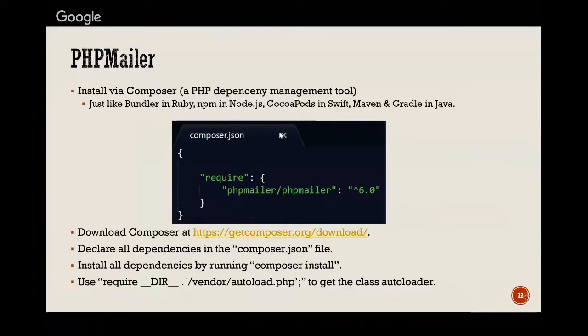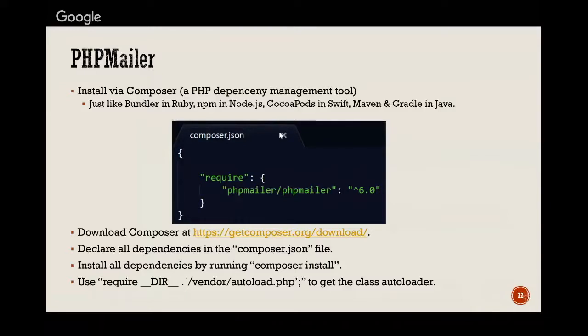That is much easier. In PHP it's called Composer. In Ruby we have RubyGems, which has Bundler. In Node.js you have NPM, and in Swift you have CocoaPods. The same applies to Java: Java has Maven, Gradle and Ant.